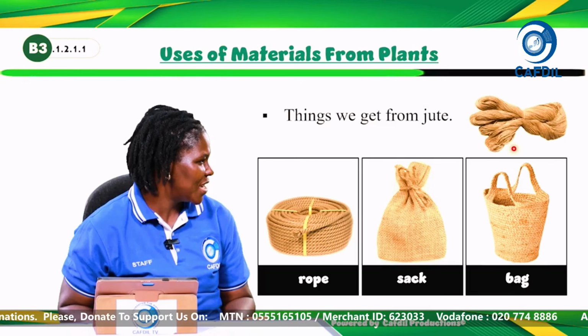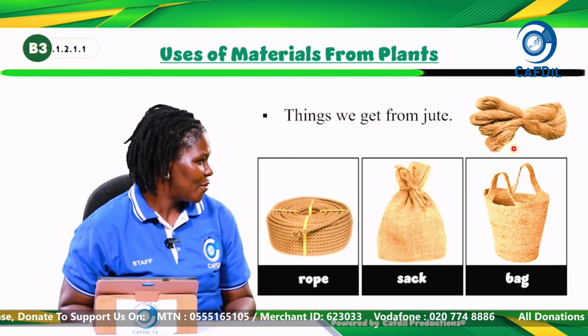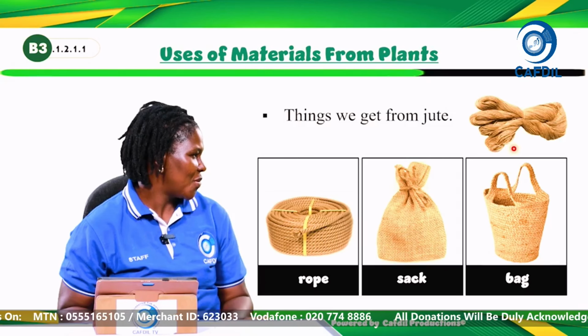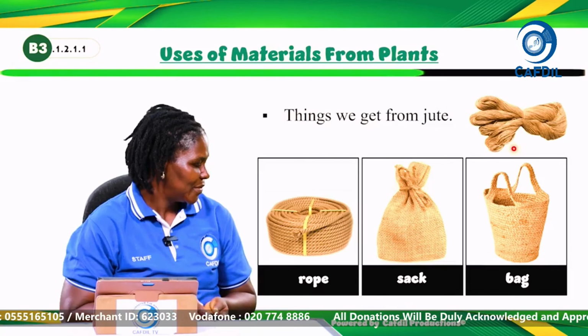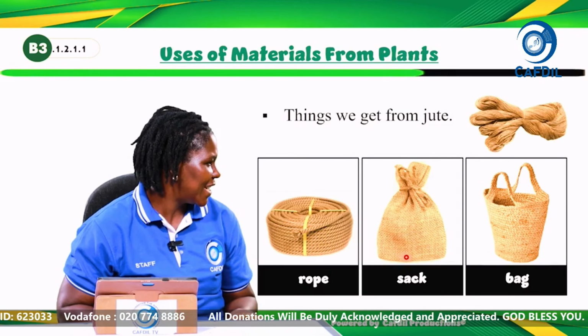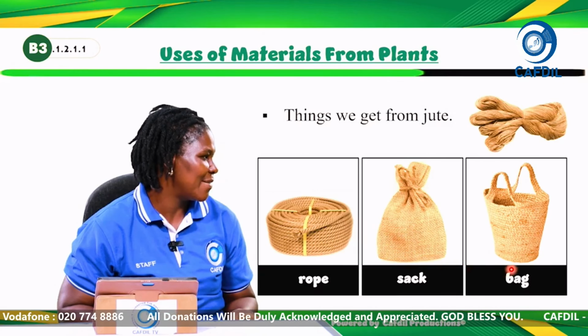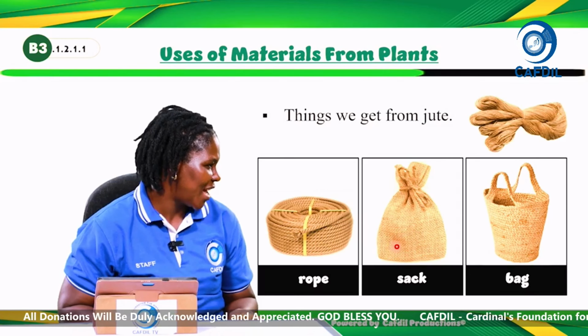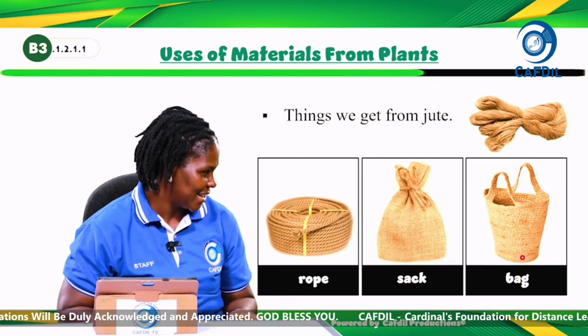Okay, so we get from jute the rope. This is the rope. And then the sack. And then the bag. So we have jute rope, jute sack, and jute bag.